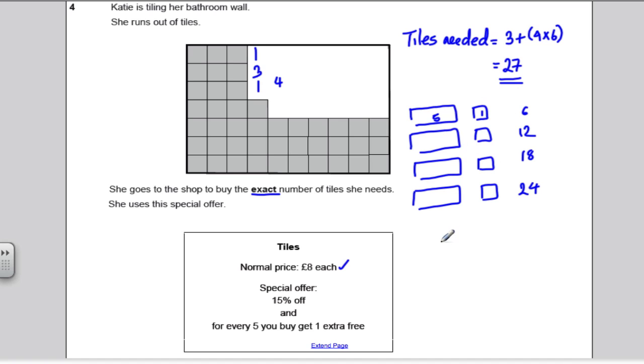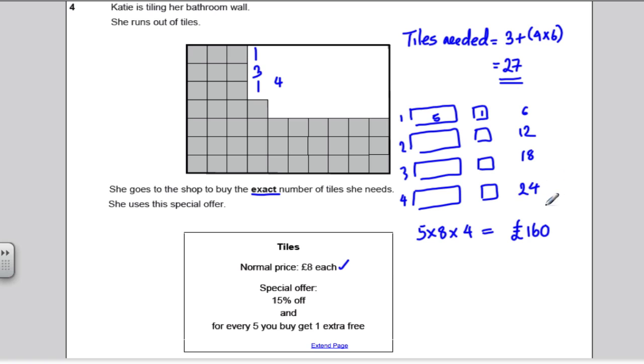So how much does this cost? Well, we only having to buy 5, so it would be 5 times £8 for each tile, and we've done it 1, 2, 3, 4 times. So we've done it 4 times, which would give us a total of £160.